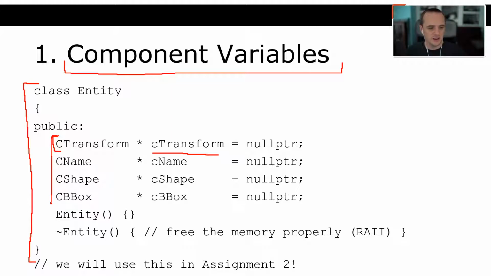What we would have is just a single variable for each of those components, okay? And so, for example, we would set them all up to be null pointer at first, because when an entity is created, it has no components attached to it. And so as we attach components, we'll be able to tell if an entity has that component, because its component would not be a null pointer, right?